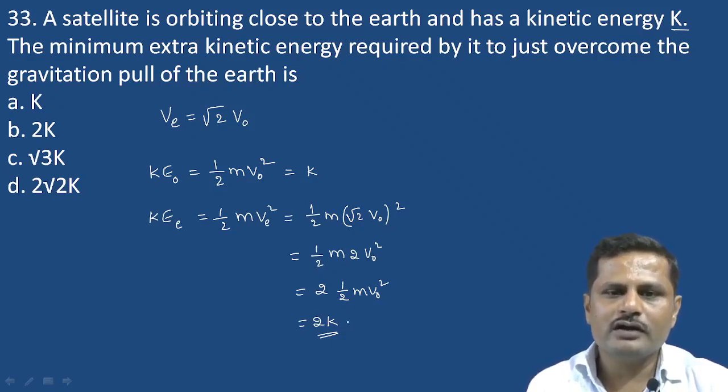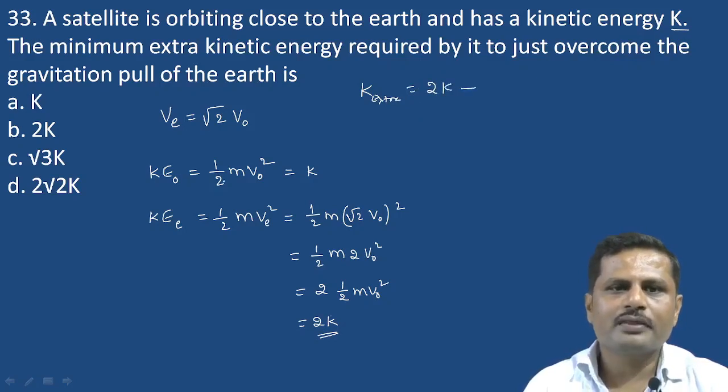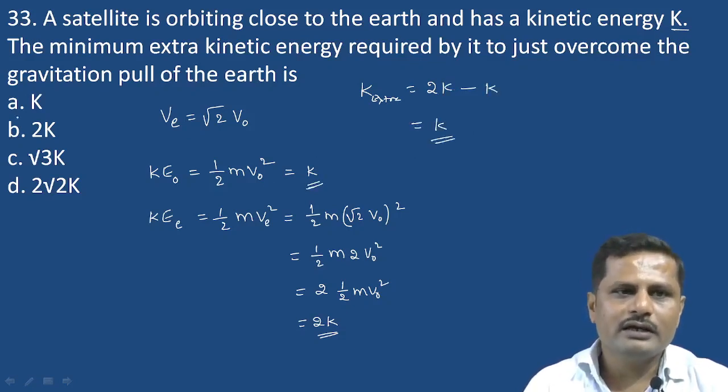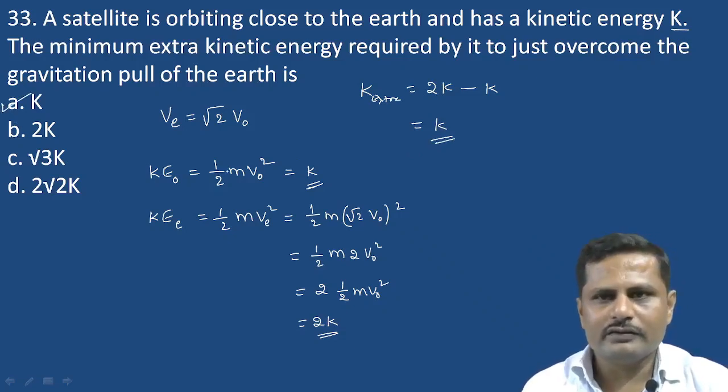So the extra kinetic energy needed to escape is equal to the kinetic energy required to escape, that is 2K, minus the kinetic energy while orbiting around the earth, that is K. So option A is the right answer.